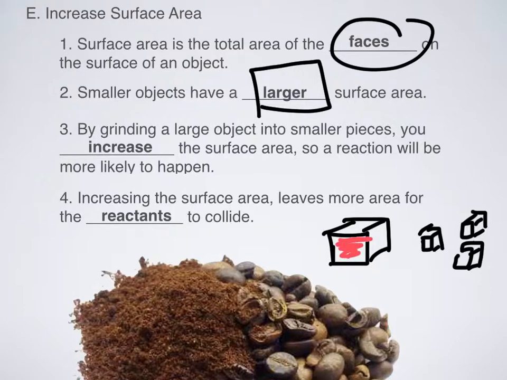I only have a limited number of faces when I look at one cube, but each one of these little tiny cubes has all of these little tiny faces that I didn't have before.